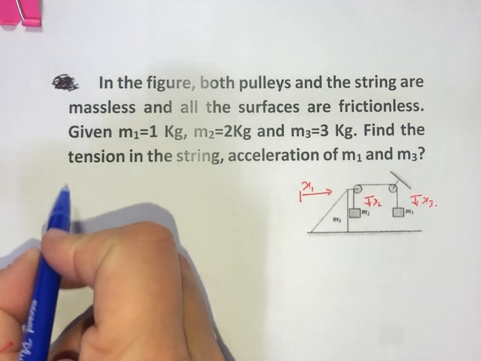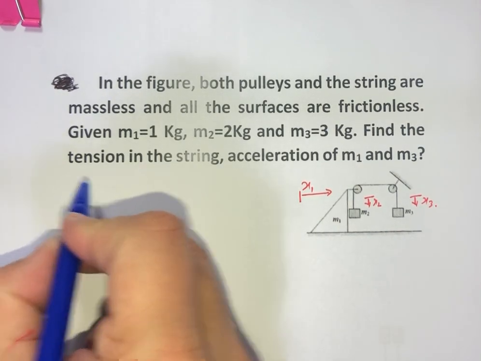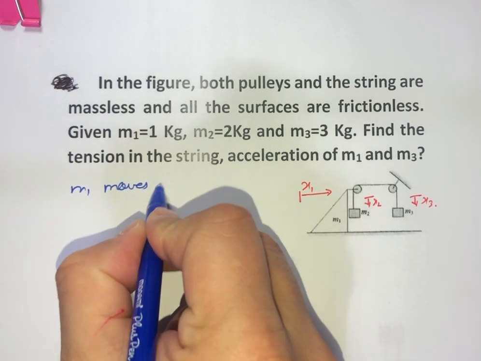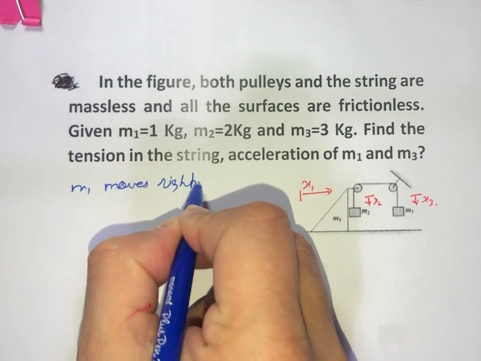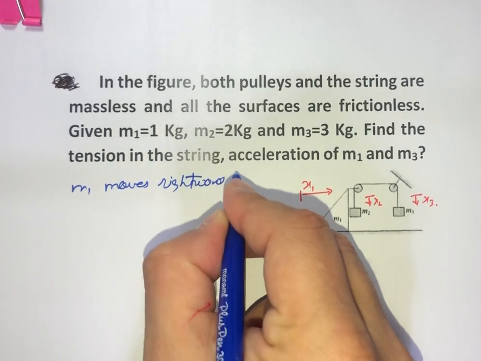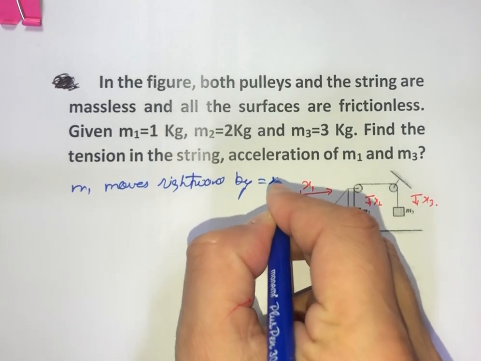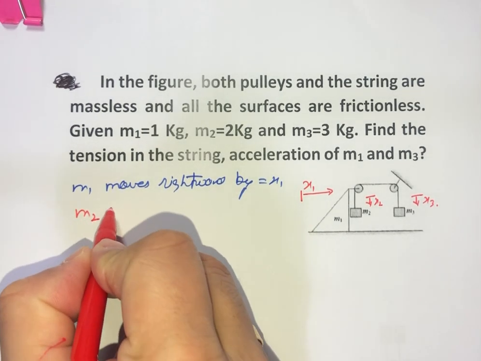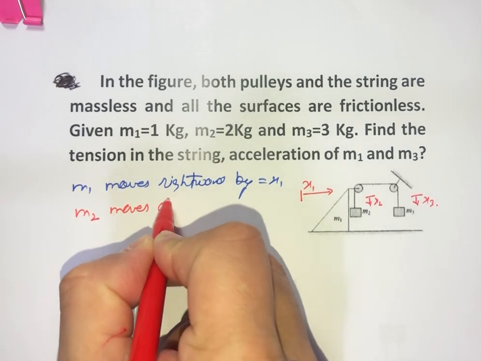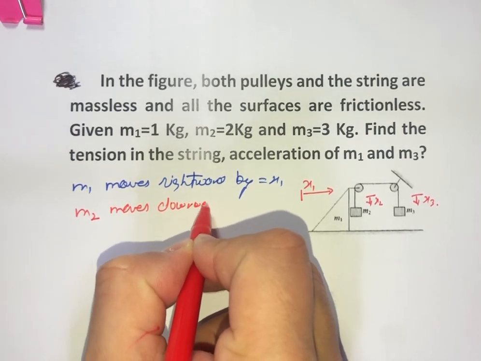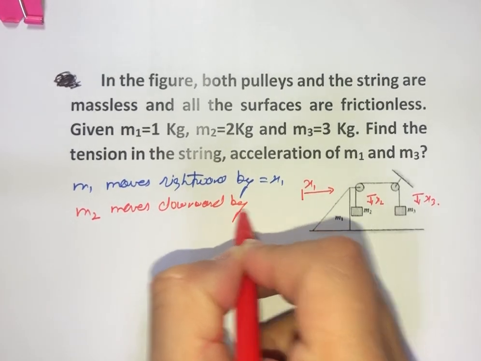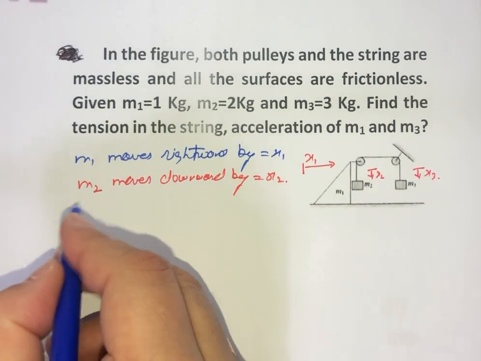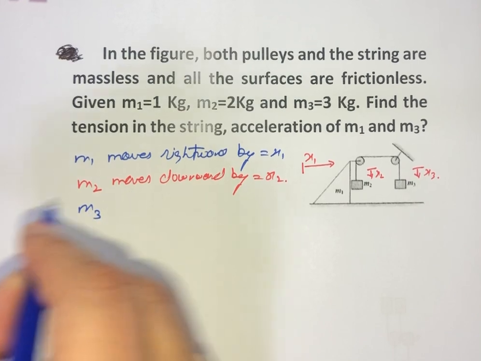You can say M1 moves rightward by x1, M2 moves downward by x2, and M3 also moves downward by x3.